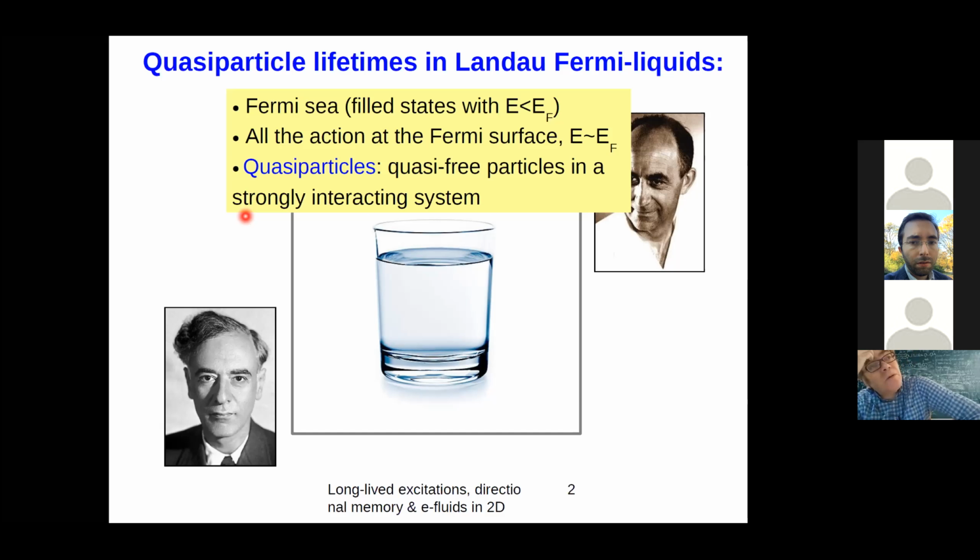The states with low enough energy, which are deeply submerged in the Fermi sea, deep below the Fermi level, are occupied by particles, but because they're low energy, they don't play any role in the action, which is all happening near the Fermi surface. The quasi-particles here, this is a schematic of the electron dispersion relation, are kind of spectators to what's happening near the Fermi surface.